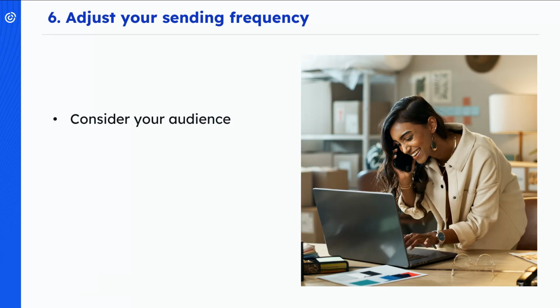This also goes back to tip 5, where we were just talking about segmentation as well, because different groups are going to be receptive to different amounts of emails. One example is that if you're a real estate agent, someone who's actively looking to buy a house is going to be more receptive to more emails versus someone who just bought a new house with you last year.